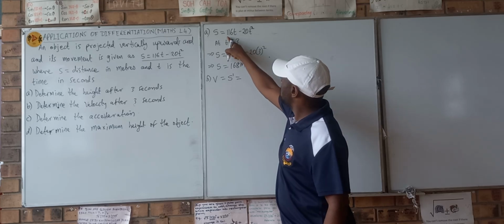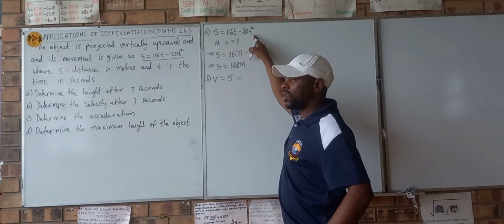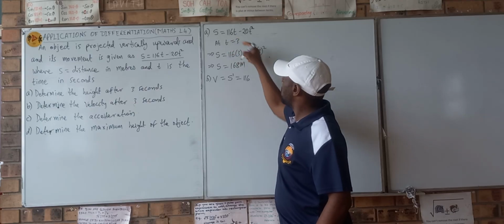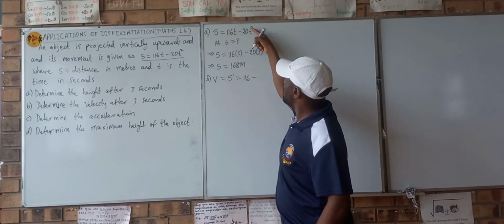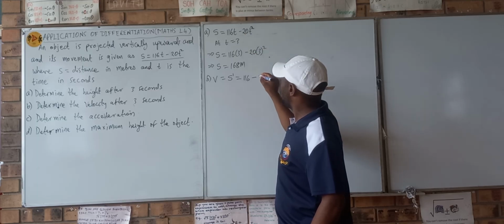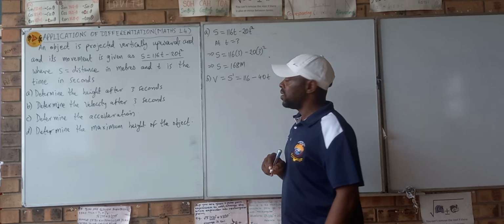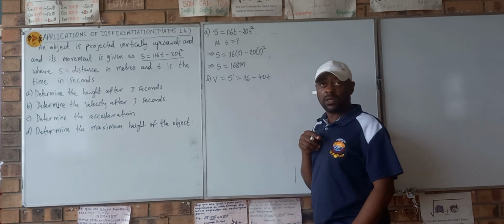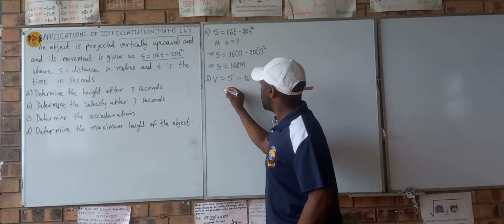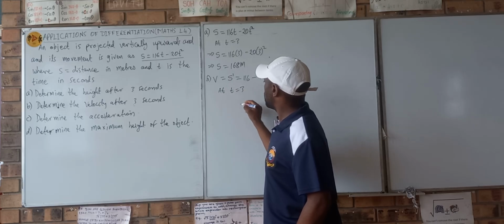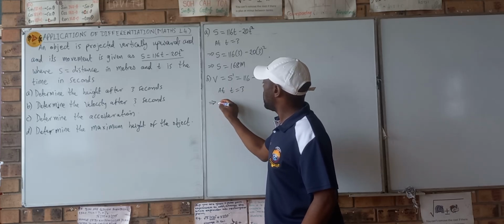So I'm differentiating with respect to t. If I differentiate, I'll get 116 for the first term, minus the derivative of t squared, which gives 2t, and the 2 will multiply negative 20 to give us negative 40t. So that is how simple our velocity equation looks. All I need to do is check at t equal to 3 what my velocity is.